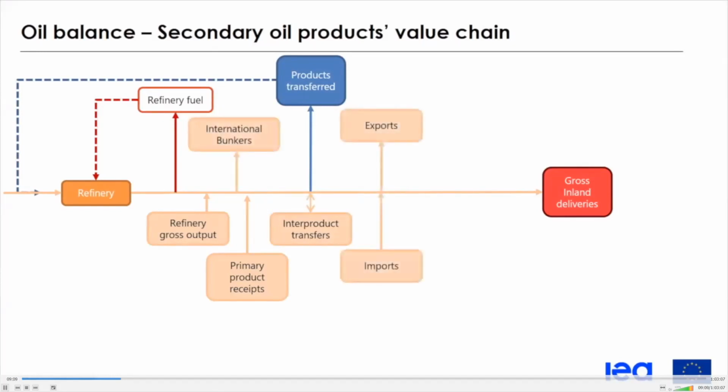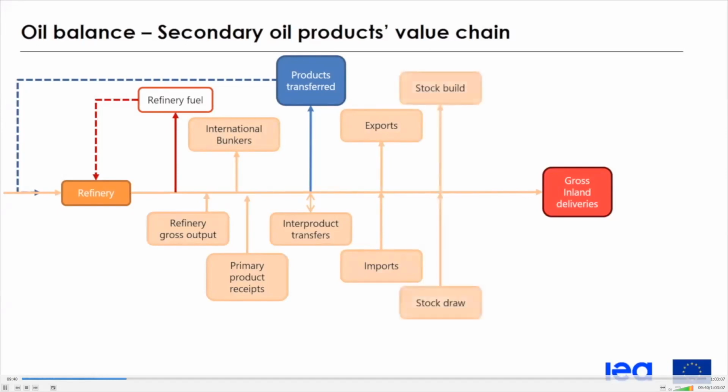Then, of course, we can have some trades of those products, so import and export from outside of the country, and international bunkers. So here we report all of the fuel consumption for airplanes or maritime vessels for trips that originated or are going outside of the country, that are not staying within the country.